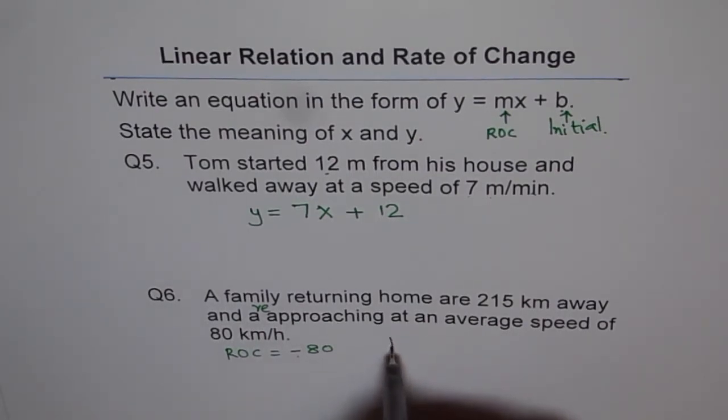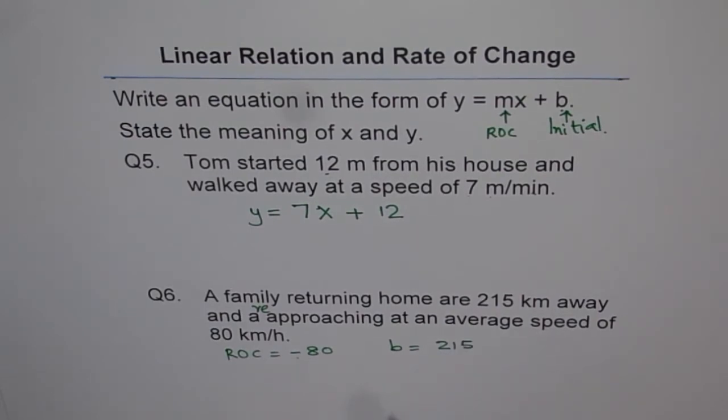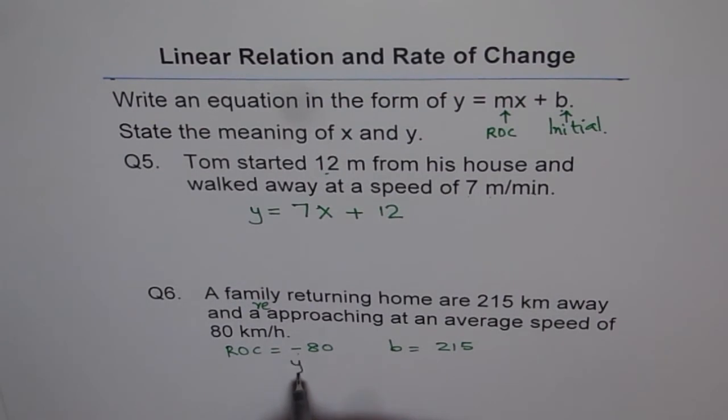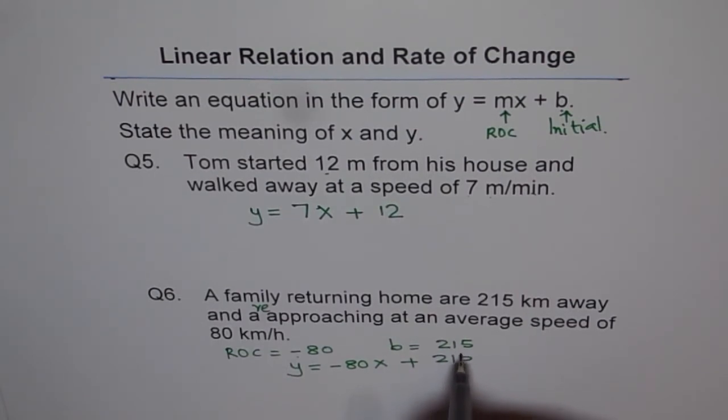The initial distance, that is b, is 215. And now we can write down our equation. Our equation is y equals minus 80x plus 215.